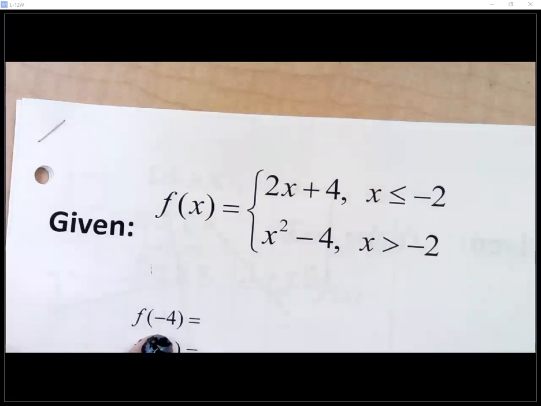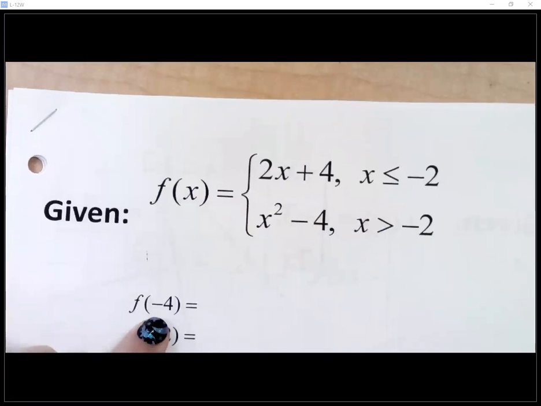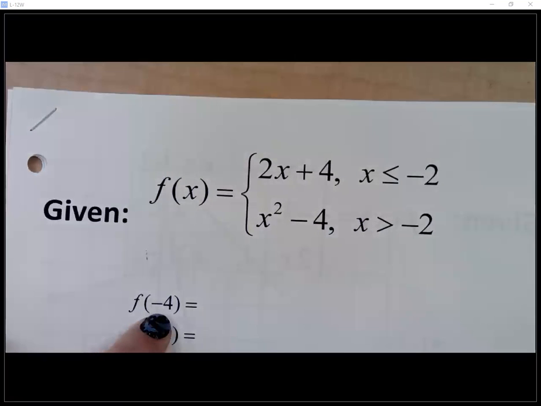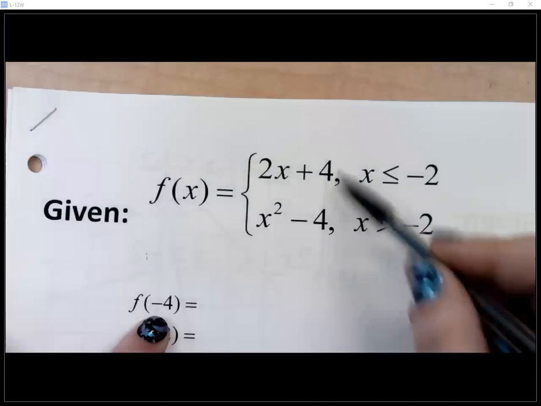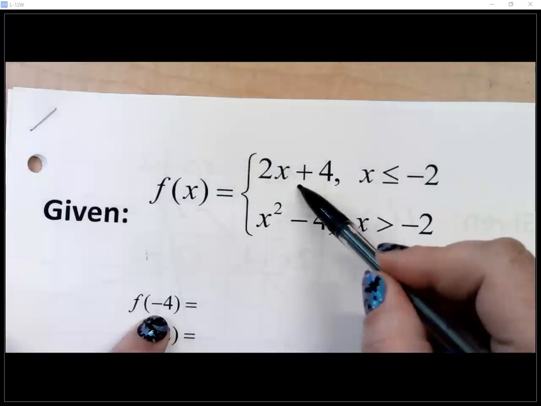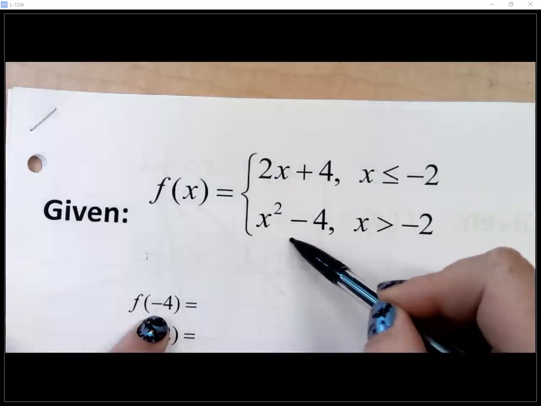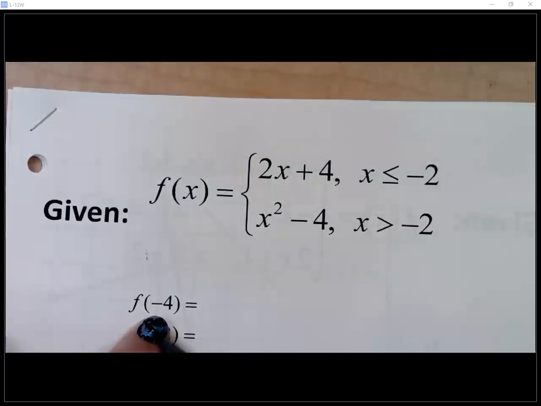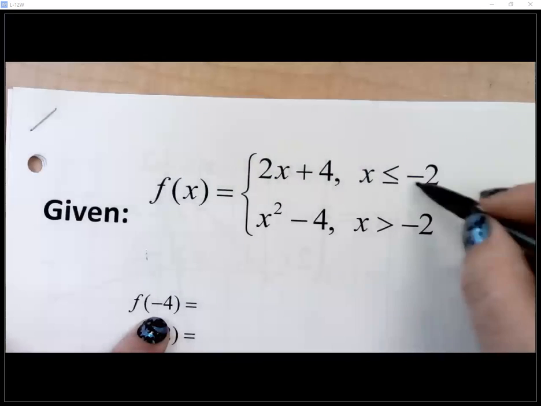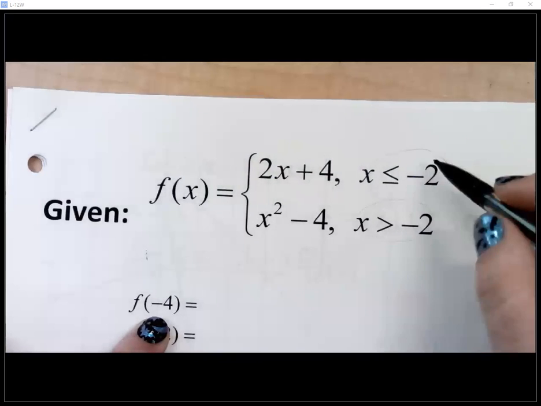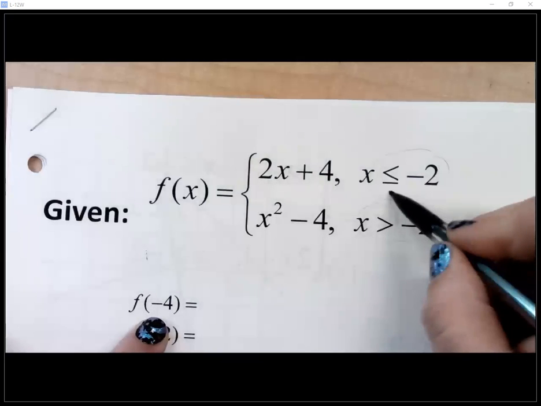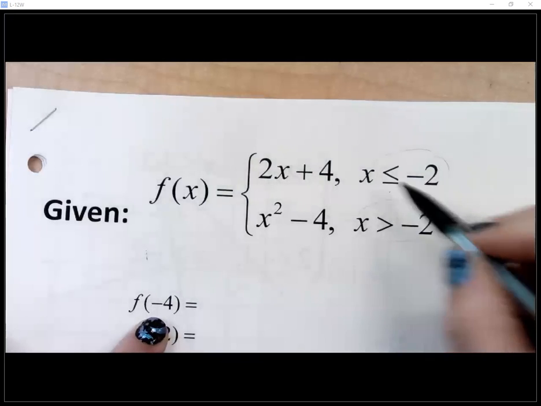If I wanted to evaluate the function when x is -4, remember, it can't exist at both of these at the same time. So I'm either going to be on this path or on this path. If x is -4, I come over here and see where that fits in. Is -4 less than or equal to -2, or is -4 greater than -2?